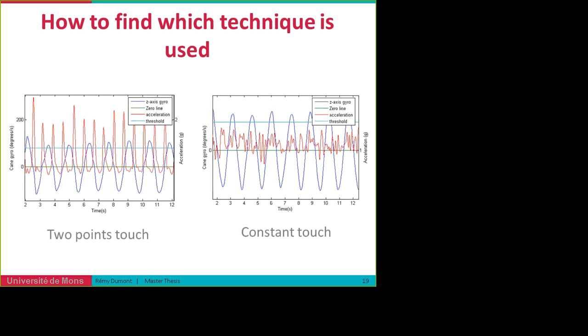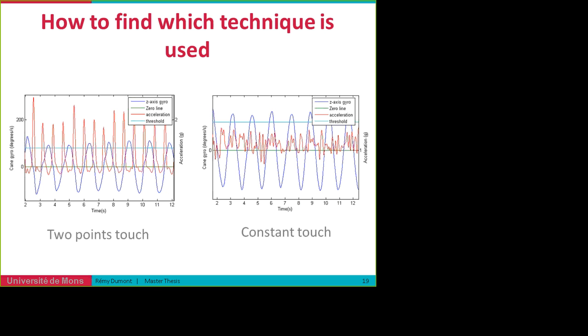To determine which technique is used, we have developed a method based on the accelerometer. In fact, when there is a tapping point, we can find a peak in the acceleration of the cane. So the only thing that we do is find the end of the movement, either on the right or on the left, and check around this point if there is a peak of the acceleration.